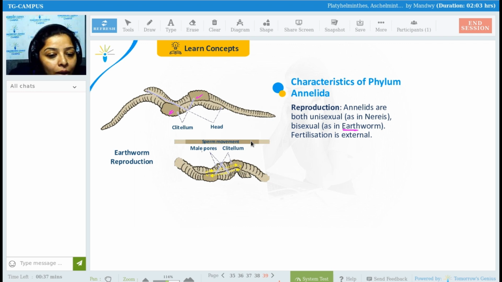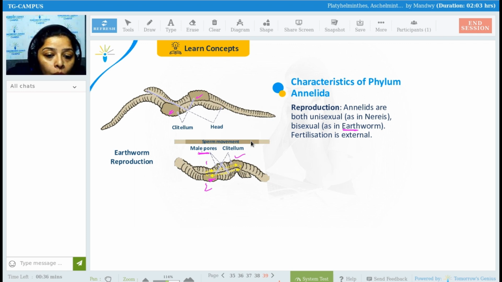They overlap in such a way that the male pore of one earthworm will come in contact with the clitellum, and the female pore of the second earthworm will overlap on the clitellum of the male.